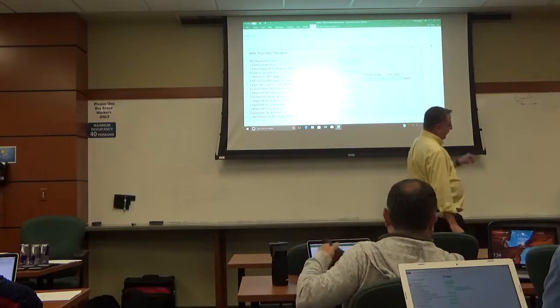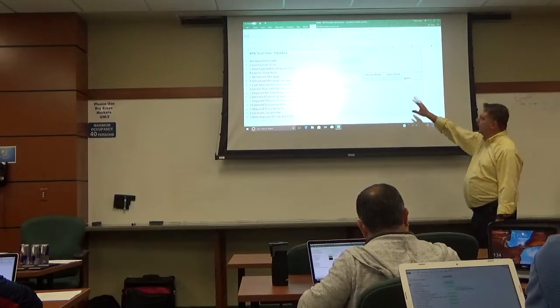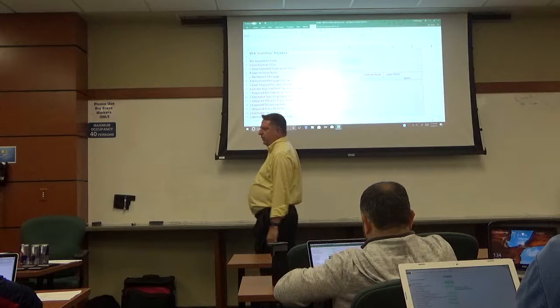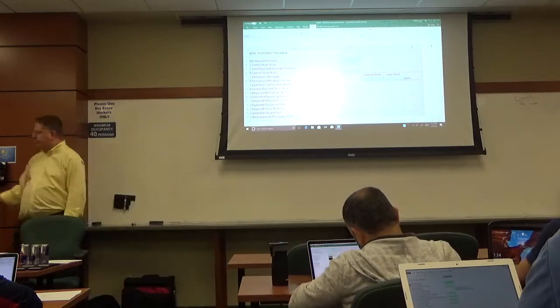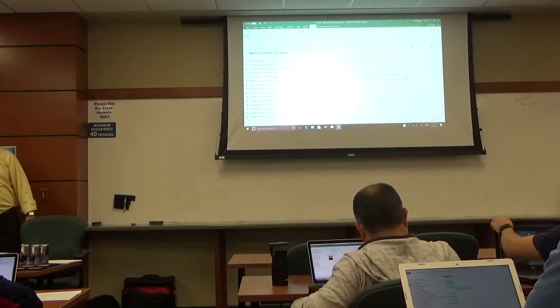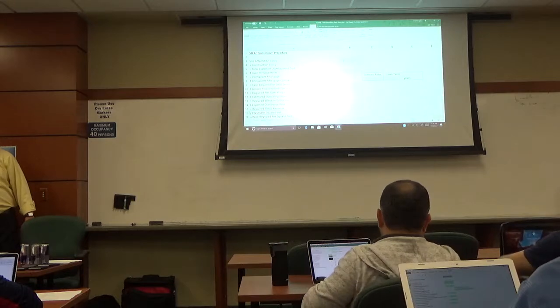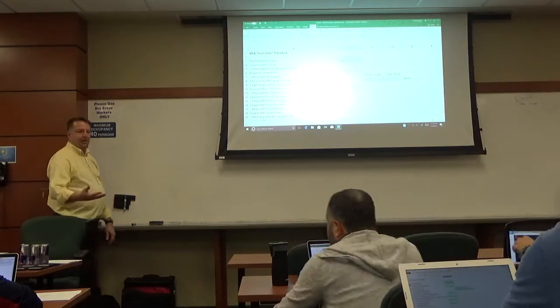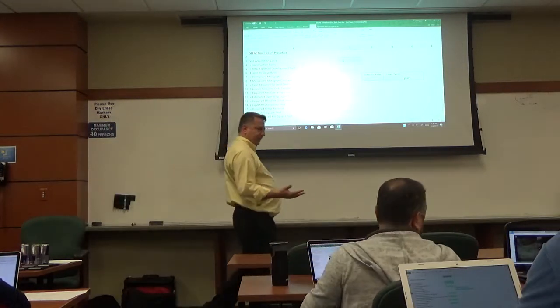Okay, so once again, the first variable that we start off with in the front door approach is basically the land cost, the site acquisition piece, okay?